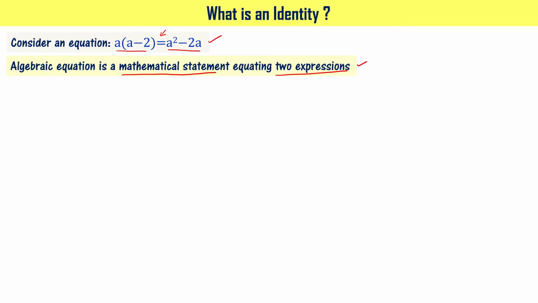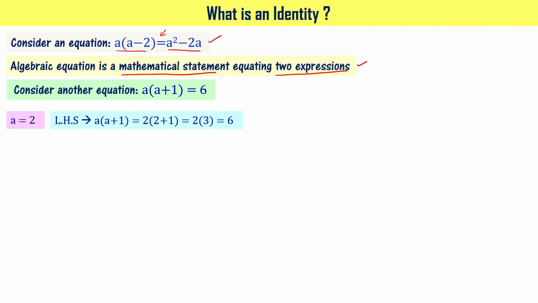Please note this definition. Now let us consider another equation, that is a times a plus 1 equal to 6. Let's substitute a equal to 2 into this equation. The LHS, the left hand side term, now can be written as 2 times 2 plus 1, right?